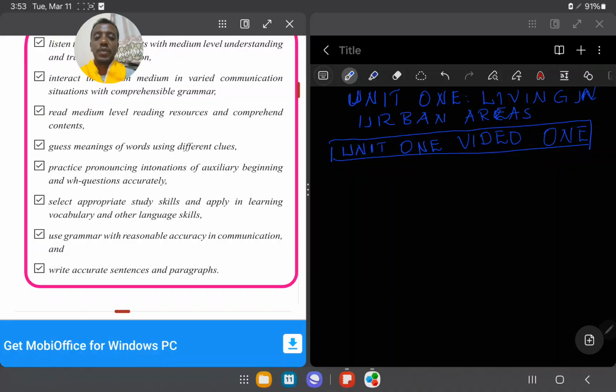Before we dive into the first concept of the unit, your textbook contains 10 units as a general introduction. It has 10 units, and in high school the structure of the text is that it has 4 skills.